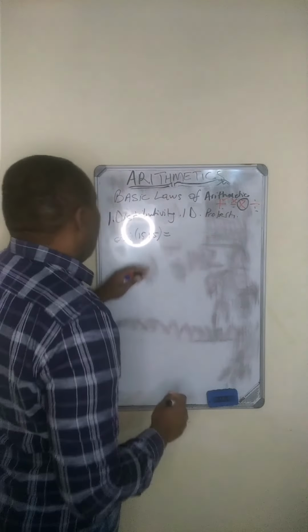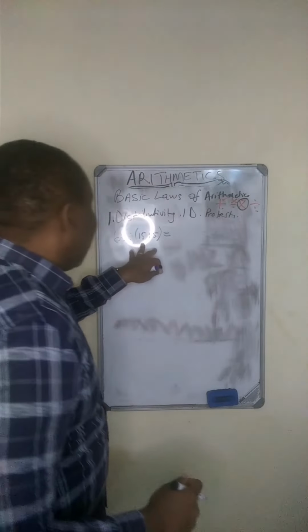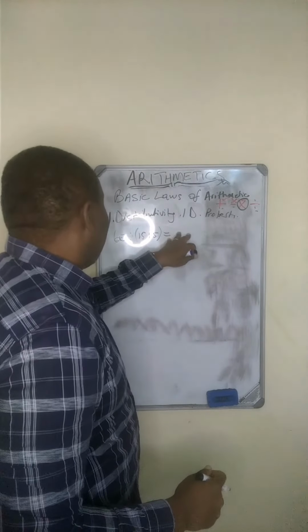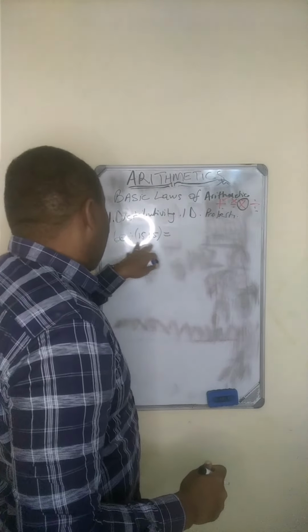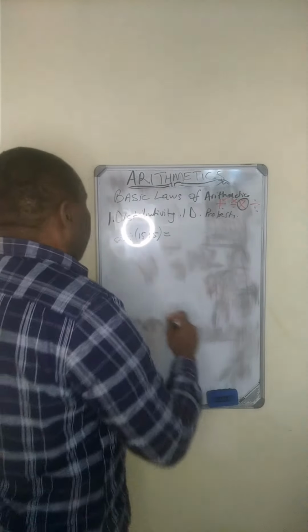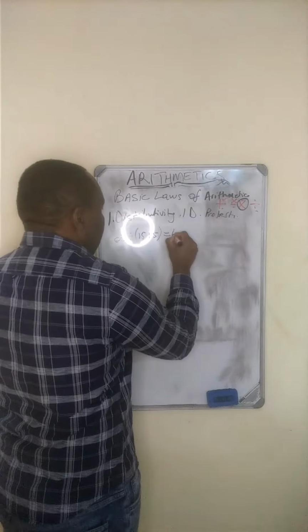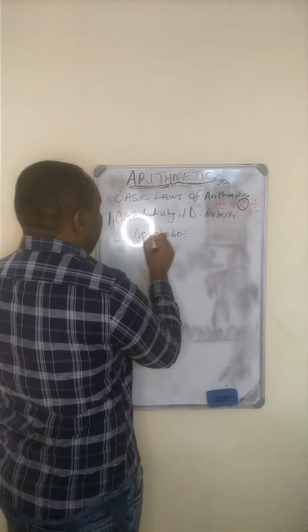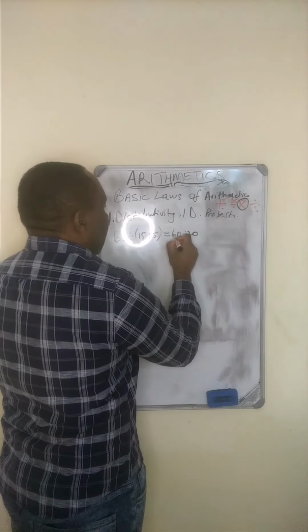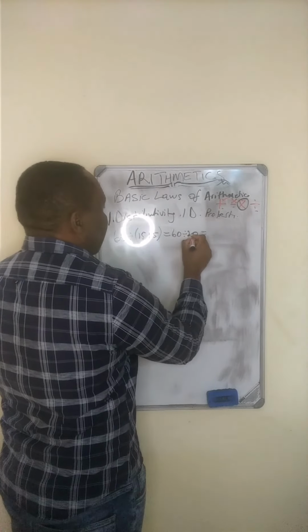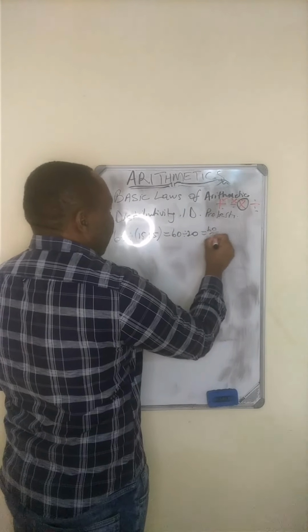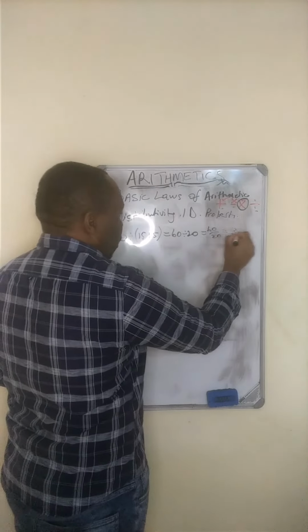Firstly, let us see what it should give us if we put it like this. 15 plus 5 is 20, therefore 60 divided by 20 is equal to 3.